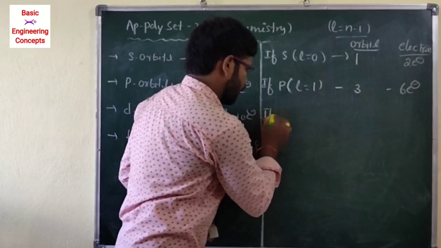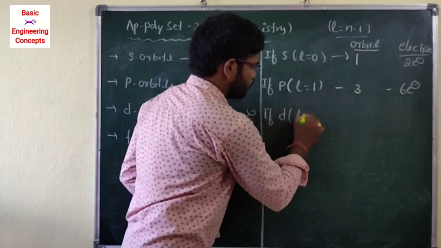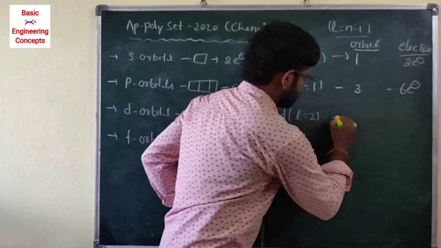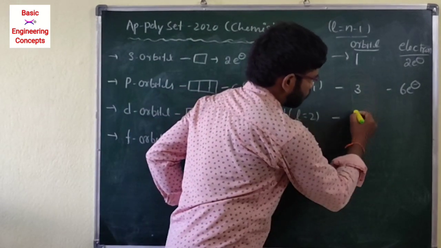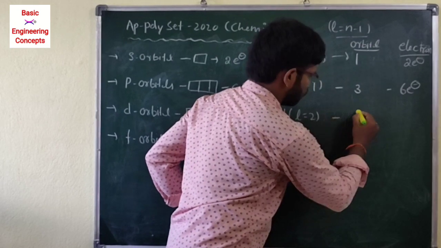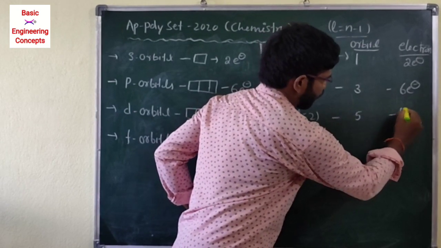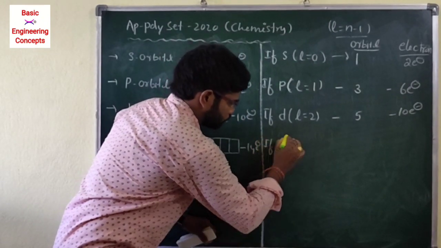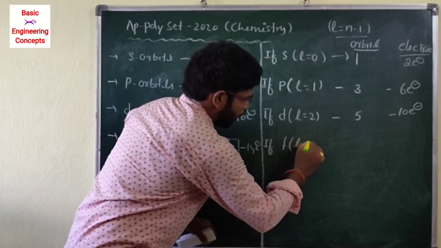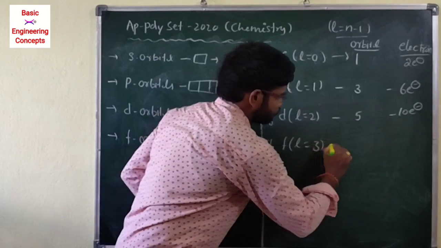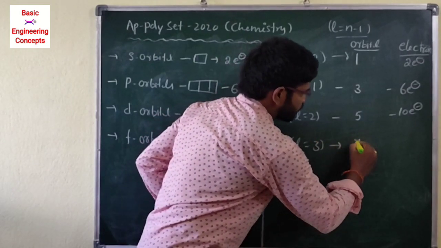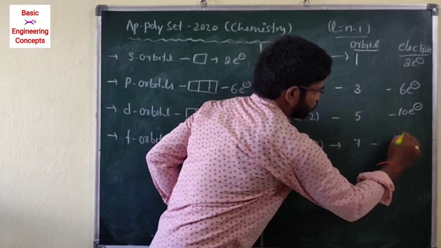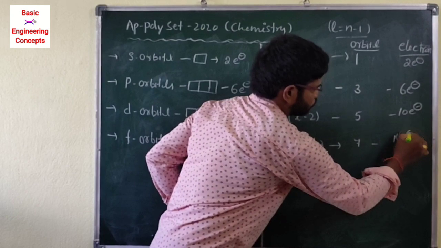For the d orbital, l value is 2, number of orbitals is 5, totally 10 electrons. For the f orbital, l value is 3, total orbitals 7, so 14 electrons.